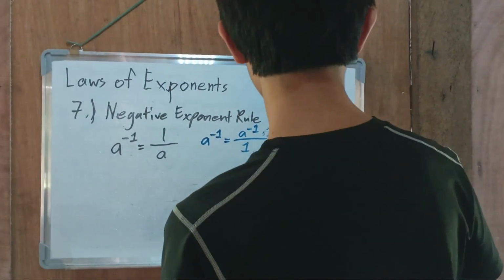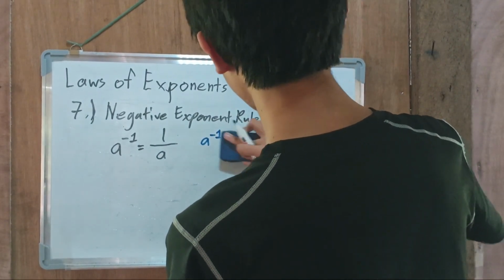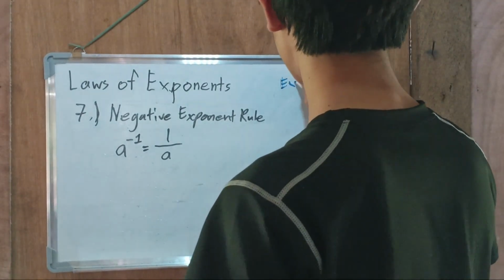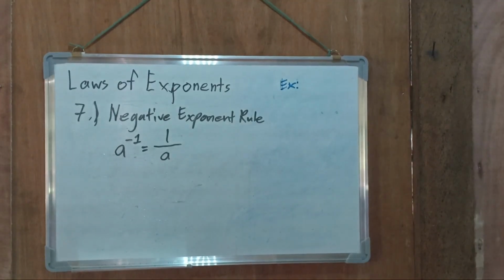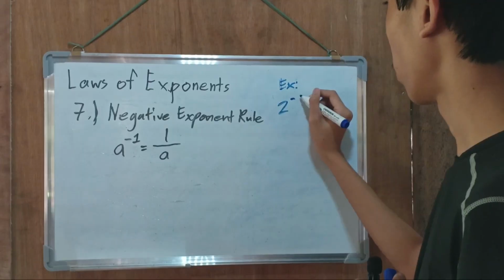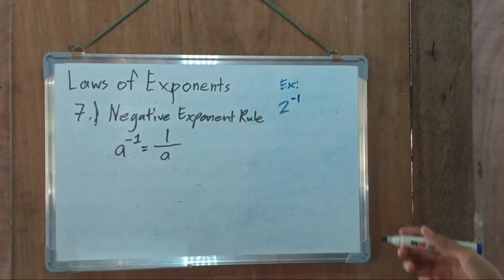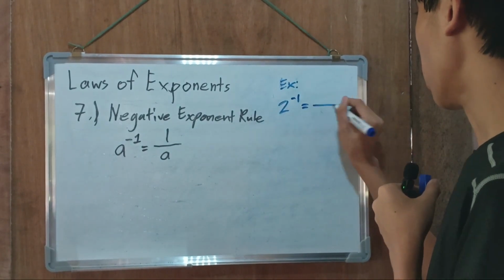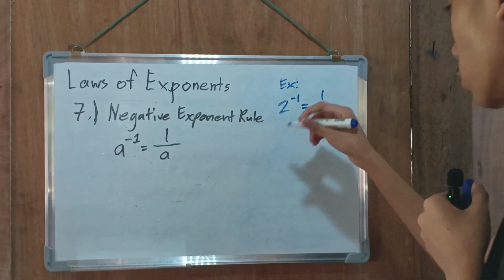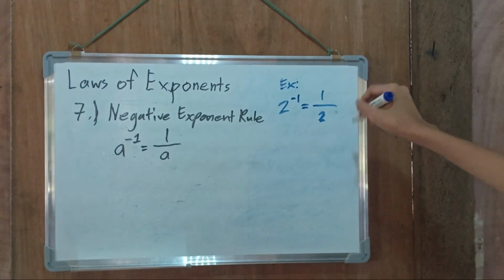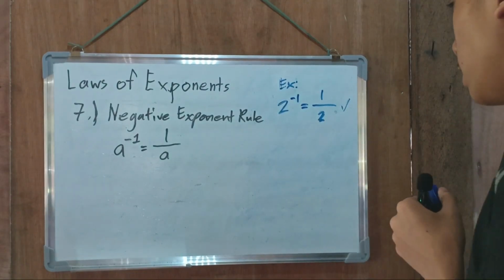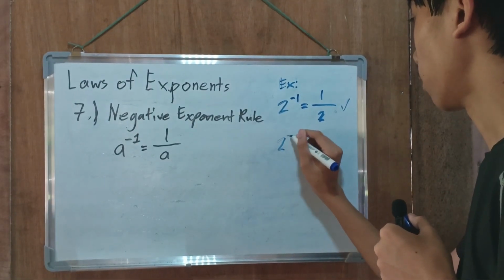Now I'm gonna give you an example. 2 raised to the negative 1. That means we put 1 in the numerator and the 2 in the denominator. Since there's no negative exponent left, the answer is 1 half. Next, what if this is 2 to the negative third power?